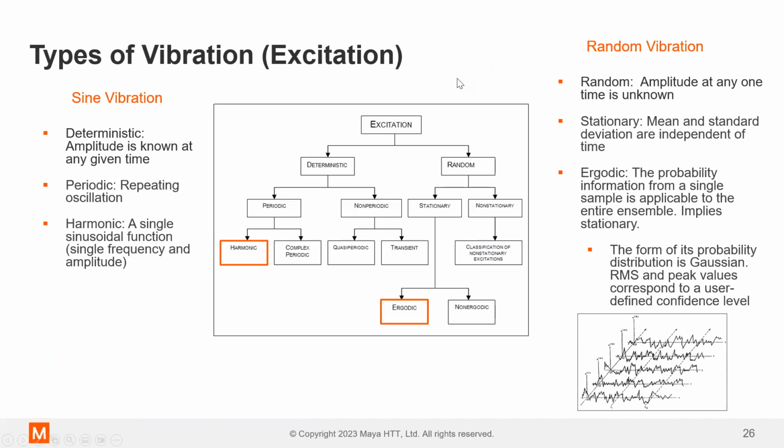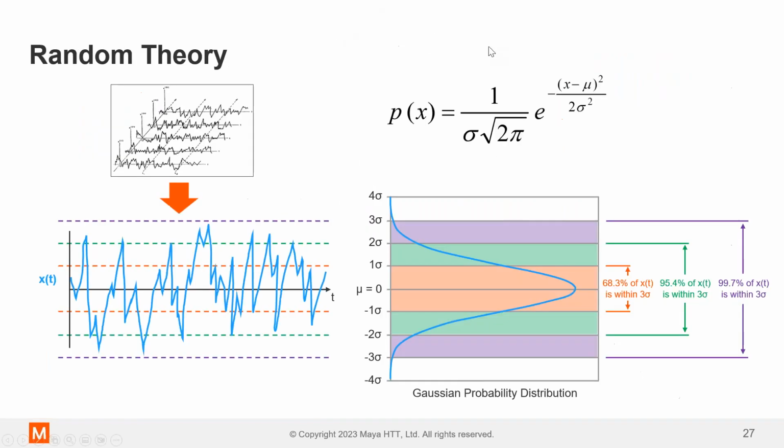And then if we look a little further here at the random theory, you've got multiple time samples here. And what does it mean when we're talking about the probability function? Well, you've got your time history, and the Gaussian probability is just saying that within this band, about 68.3% of your time history is going to be within this band.